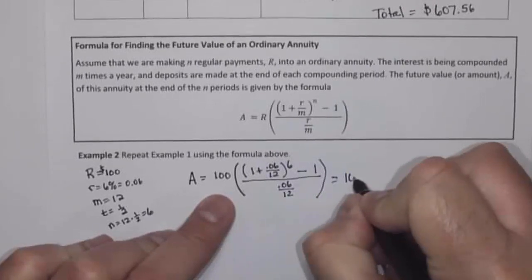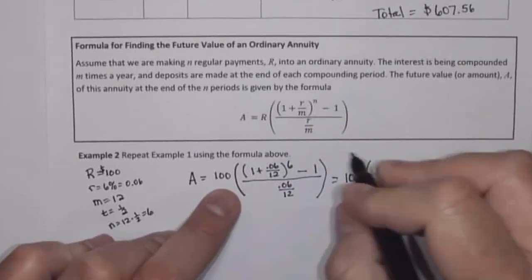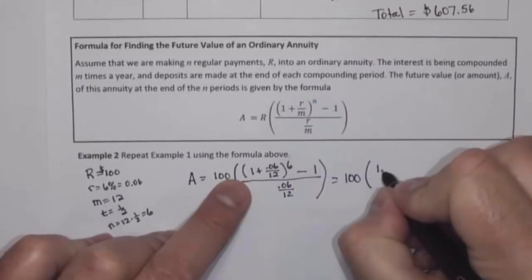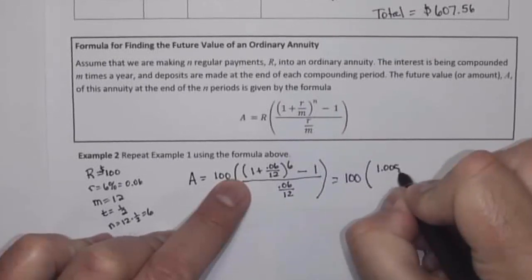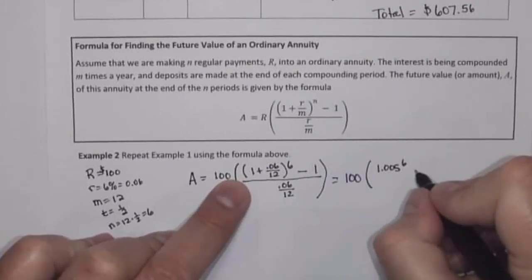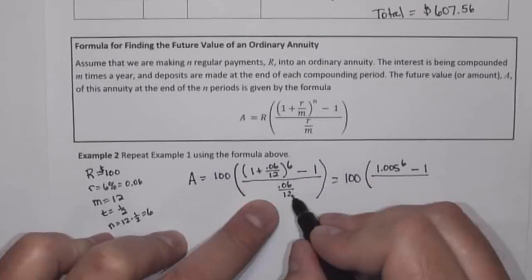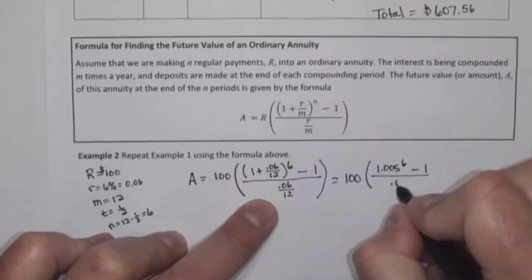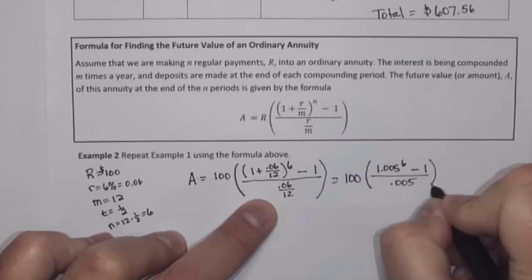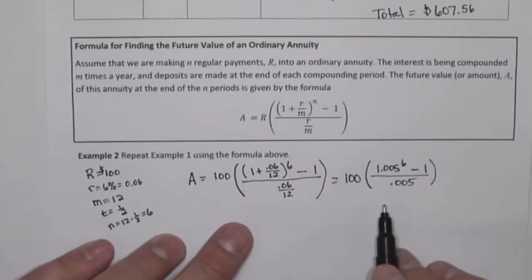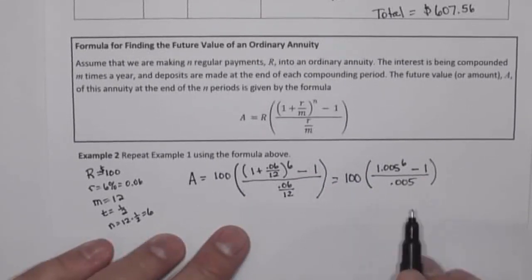So I have 100 times 1.005 raised to the 6th power minus 1, and then 0.06 divided by 12 is 0.005. Now this is much nicer to enter into my calculator.